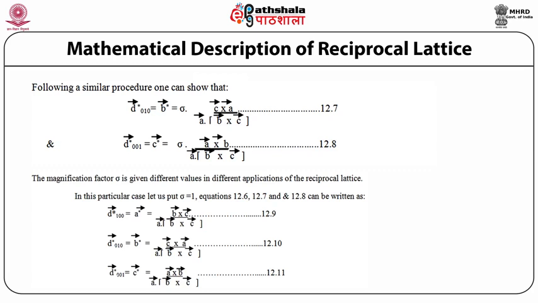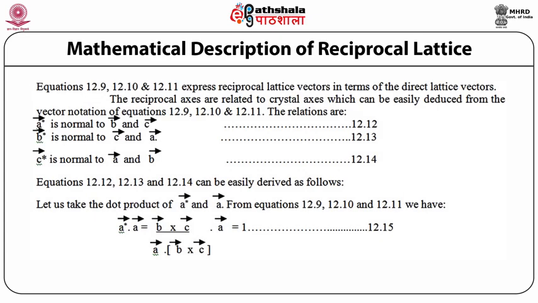D star 001 vector is equal to C star vector is equal to A cross B upon A vector into B vector cross C vector, which is given as equation 12.11. Equations 12.9, 12.10 and 12.11 express reciprocal lattice vectors in terms of the direct lattice vectors.